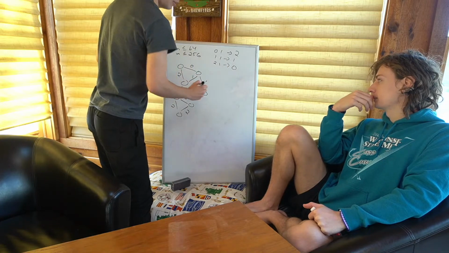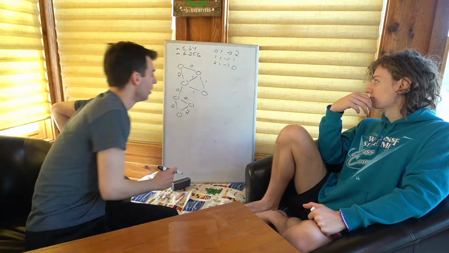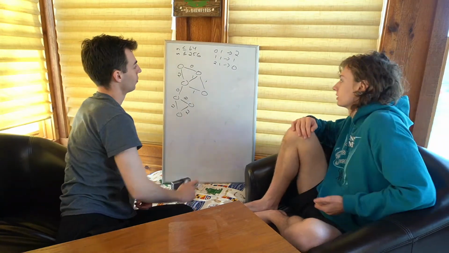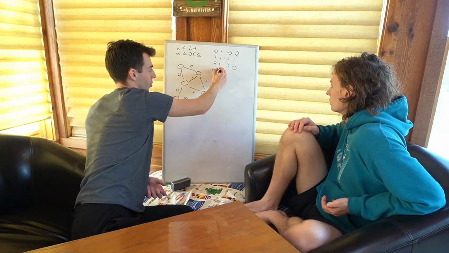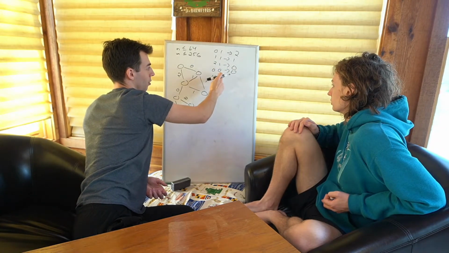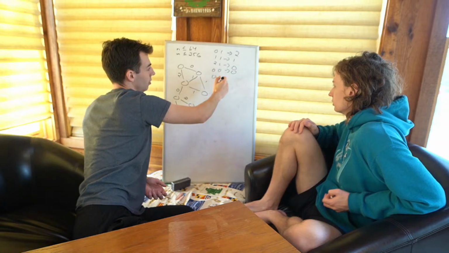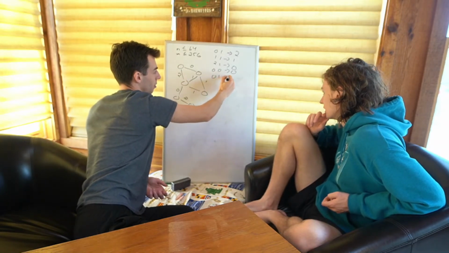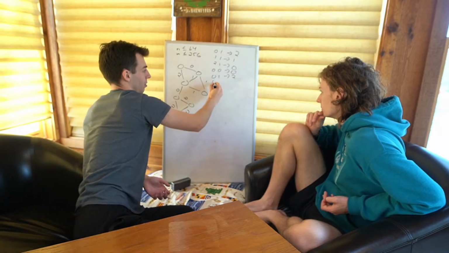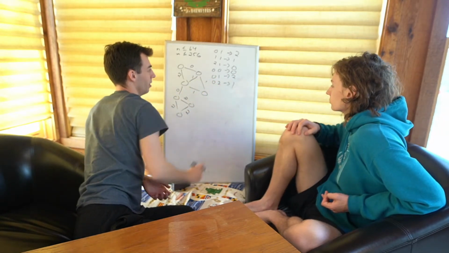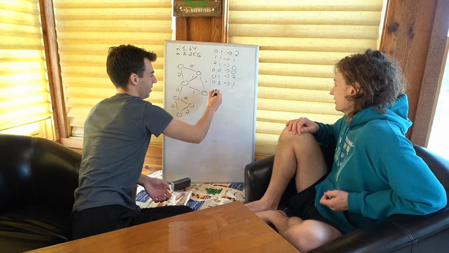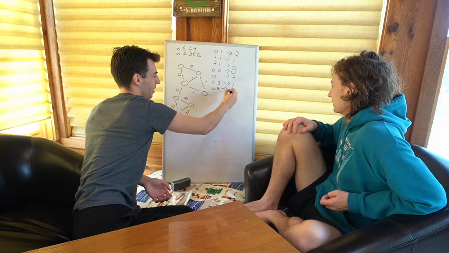Oh, is this like the XOR? No. Because the XOR of 1 and 1 is 0. If you're given 0 and 0, you get 0. 0 and 1 is 2. 0 and 2 is 1. See the pattern here? 2 and 2 is 2.